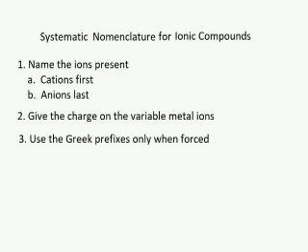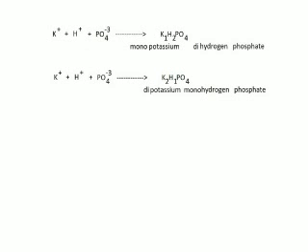We have our third rule for the systematic nomenclature of ionic compounds. You use the Greek prefixes, but only when you are forced to do so, when there is no alternative way of correctly indicating the compound. So the prefix for 1 is mono, the prefix for 2 is di, so the top one would be monopotassium dihydrogen phosphate, and the bottom one would be dipotassium monohydrogen phosphate.